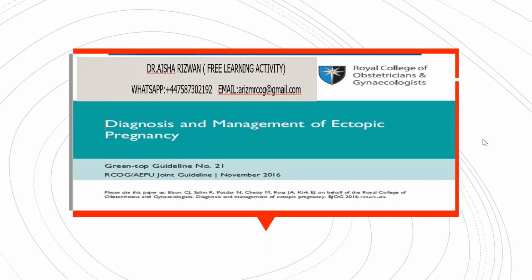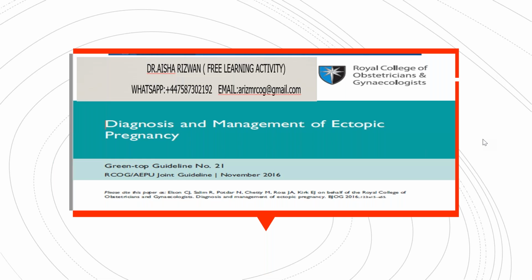Okay. So at beta HCG levels exceeding 3,500, if you don't see any intrauterine gestational sac on the TVS, then you're going to diagnose an ectopic pregnancy. Or otherwise, if you see it outside the uterus, then you can diagnose it. So progesterone monitoring.